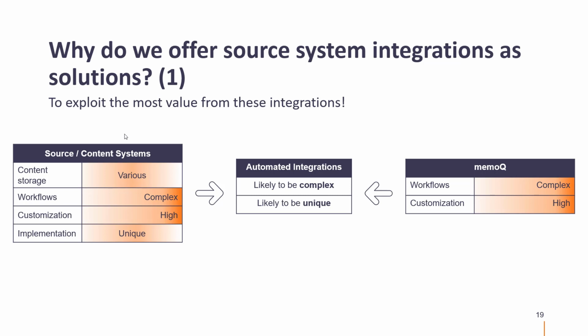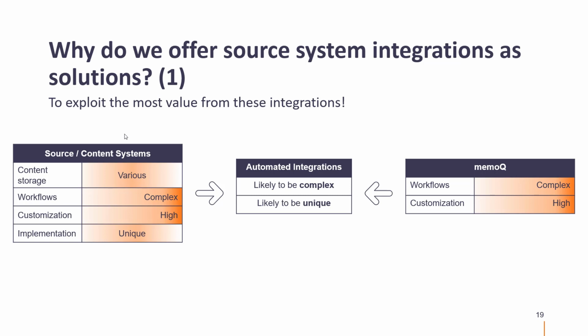Let's take a look at the two systems we have to integrate. On the left side, we have the source system that can be hundreds and thousands of different types. Each of these content management source systems has various forms. Even within the single type, the single software, there are various forms of how content can be stored in most of these systems.